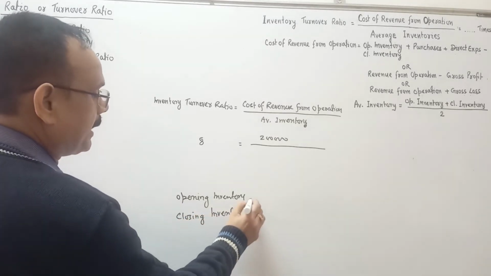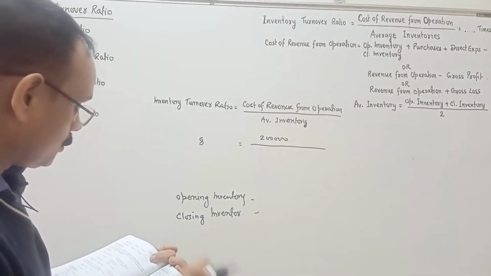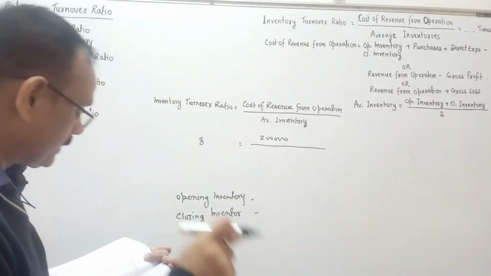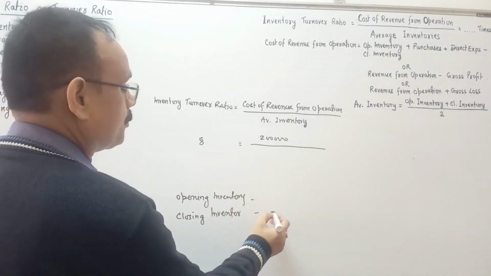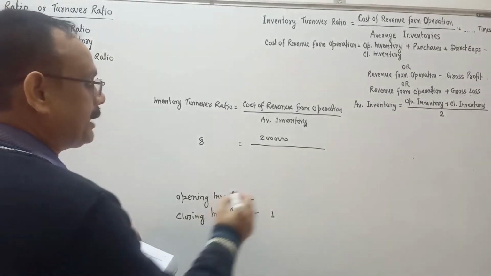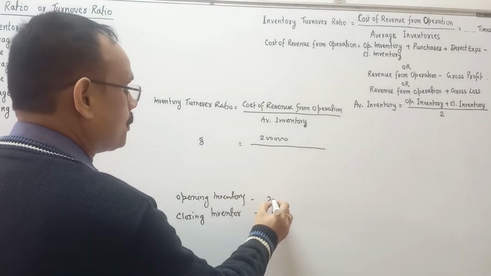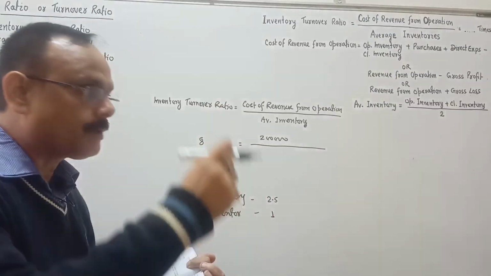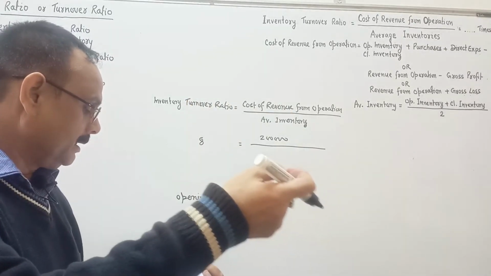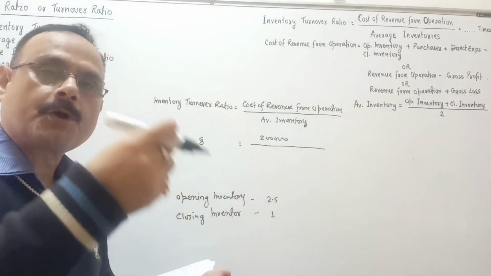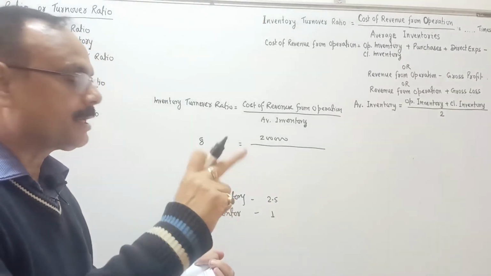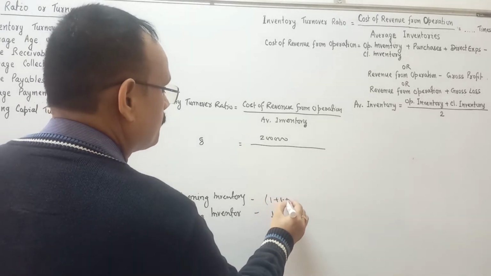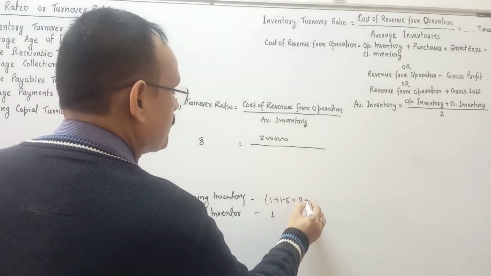Suppose inventory at the end is 1, it means inventory at the opening is 2.5, because it is 1.5 more. So 1 plus 1.5 is 2.5.